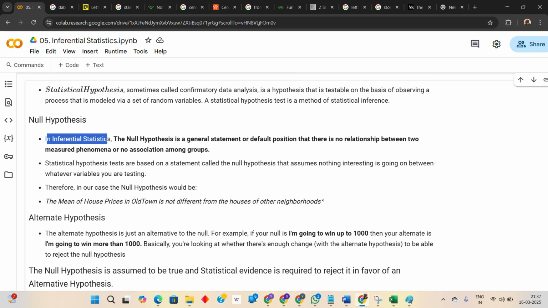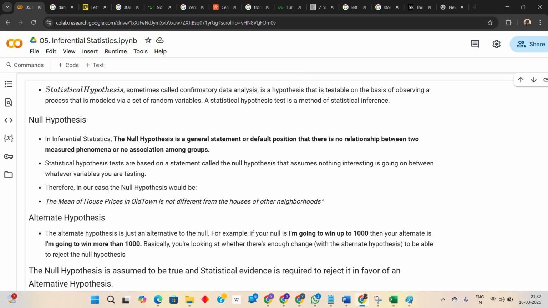In inferential statistics, the null hypothesis is a general statement or a default position that there is no relation between two measured phenomena or no association among groups. Statistical hypothesis tests are based on statements called the null hypothesis that assumes nothing interesting is going on between whatever variables you are testing.